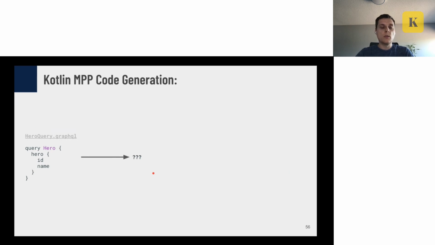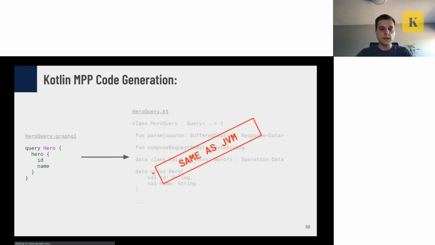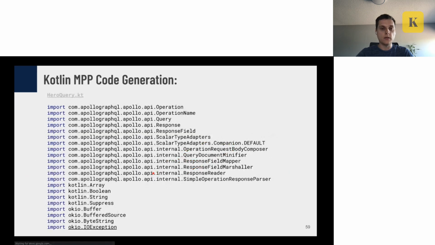So what did we do in order to make this Kotlin code work on Kotlin native? This is our GraphQL query, and this is the Kotlin file that can be used on the Kotlin native platform. As you can see, it's the same as JVM. We really didn't do anything specific to make the generated Kotlin code work in the Kotlin native environment.